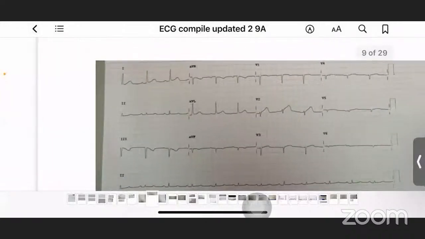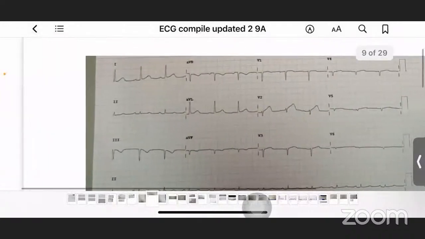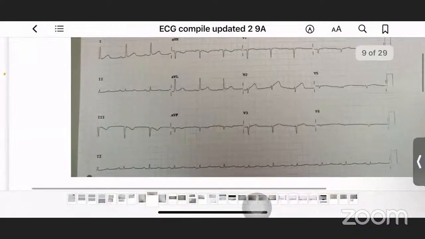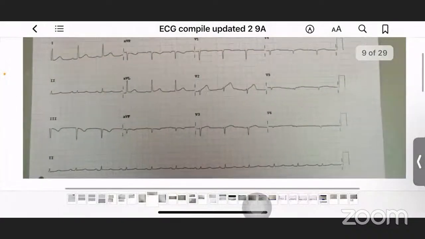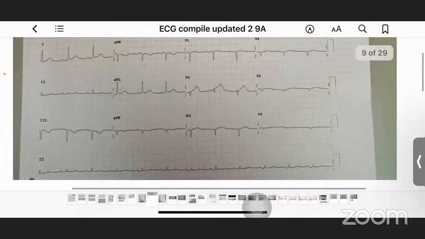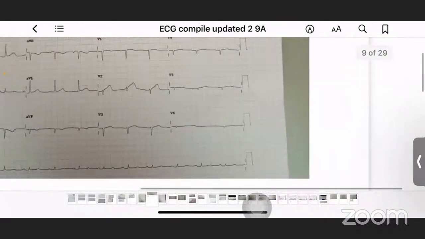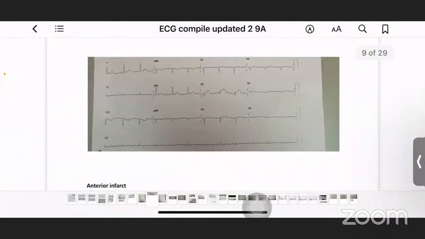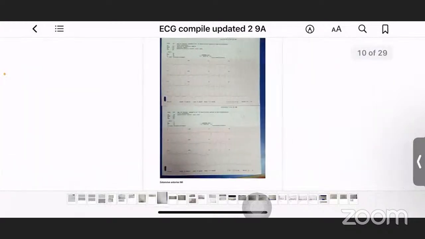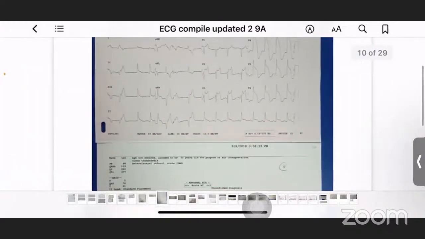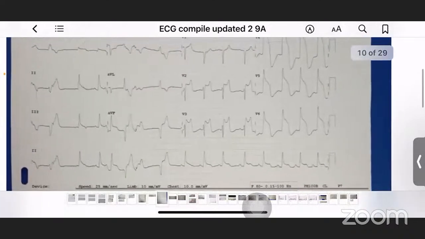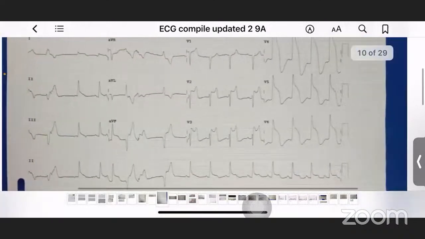So this is another ECG. This is anterior MI, anterior infarct. Anterior leads, poor R wave progression, V3, V4, totally infarcted already. Okay, this is broad complex.